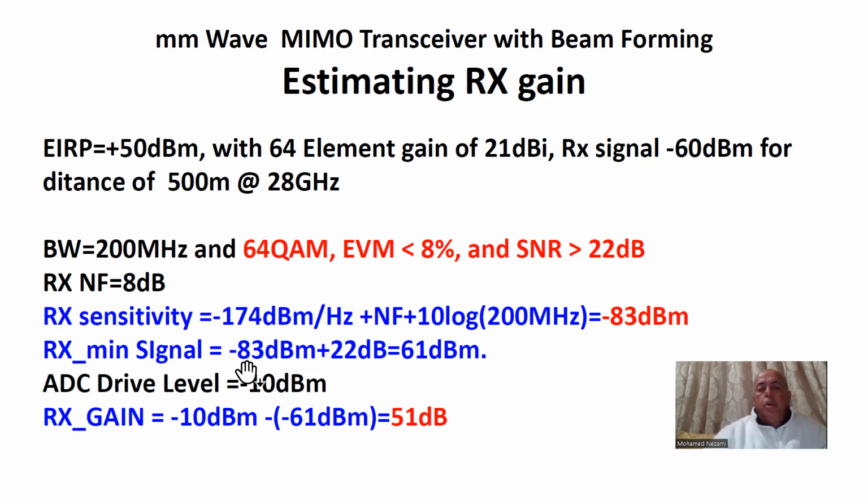Realizing that at the minimum detectable signal we would want the SNR on top of that number, that means we're at minus 61. I'm sorry, I forgot the minus sign. It's minus 61 dBm. That's basically the signal level at the edge of the cell.